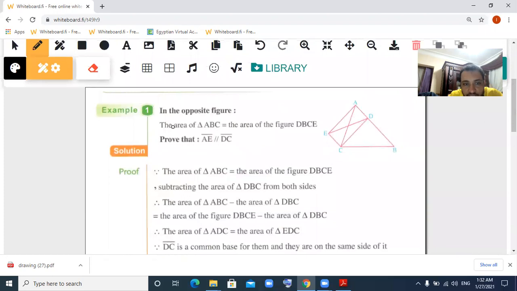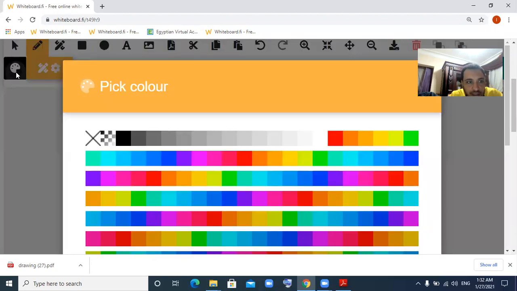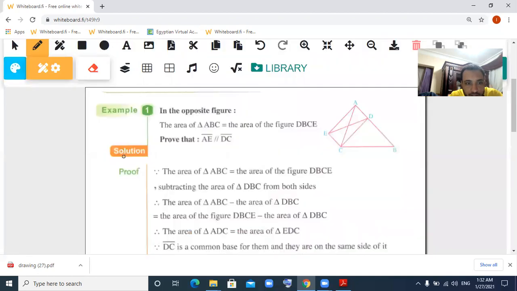Okay, so let's see the first example. We have here the area of triangle ABC equals the area of the figure DBCE.